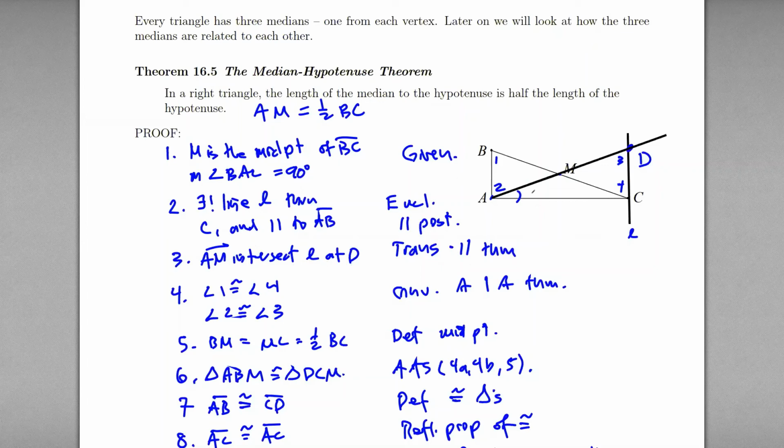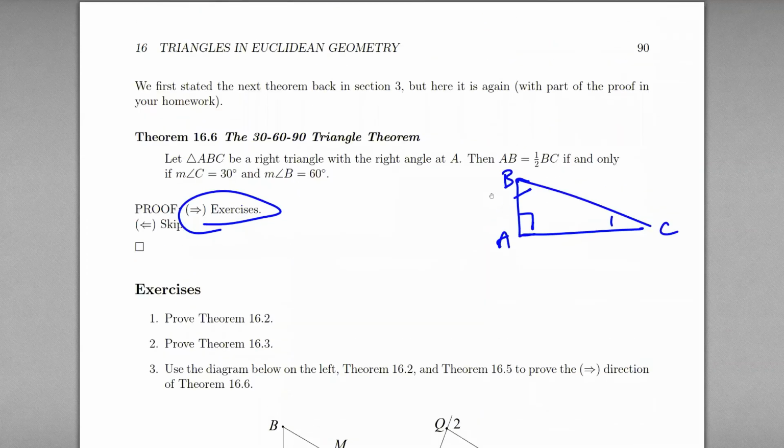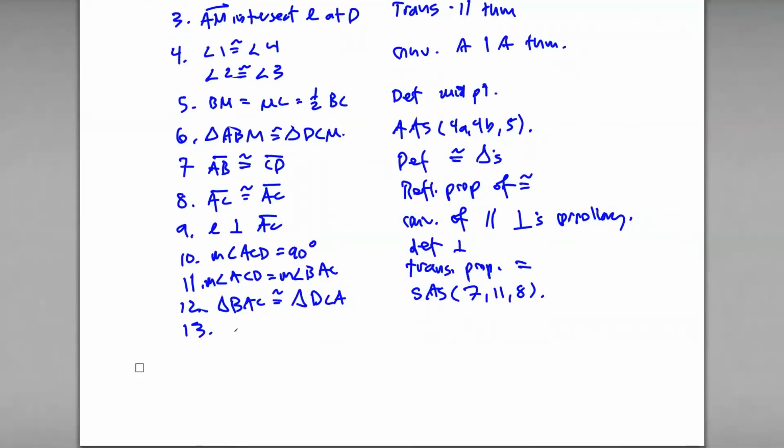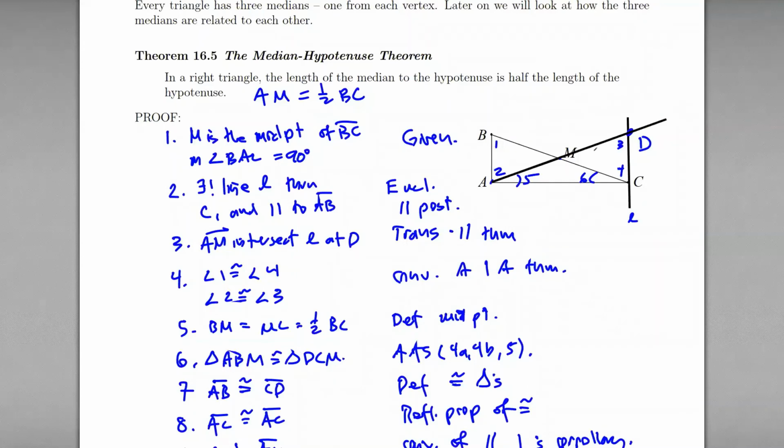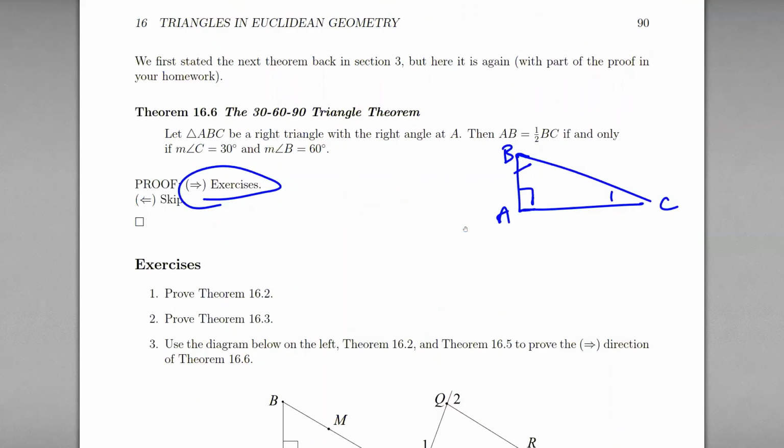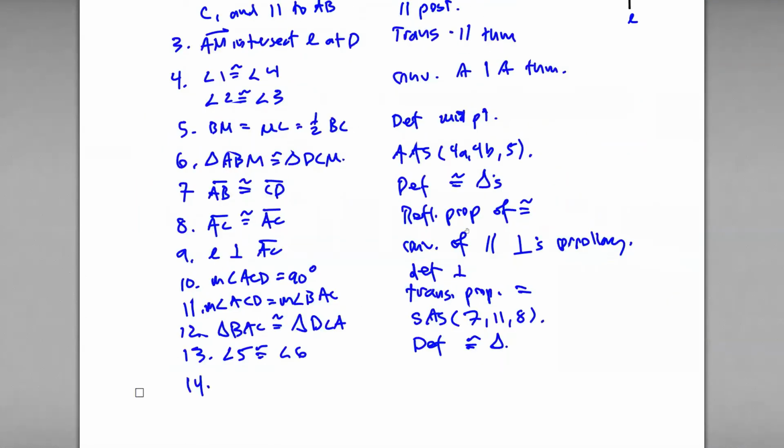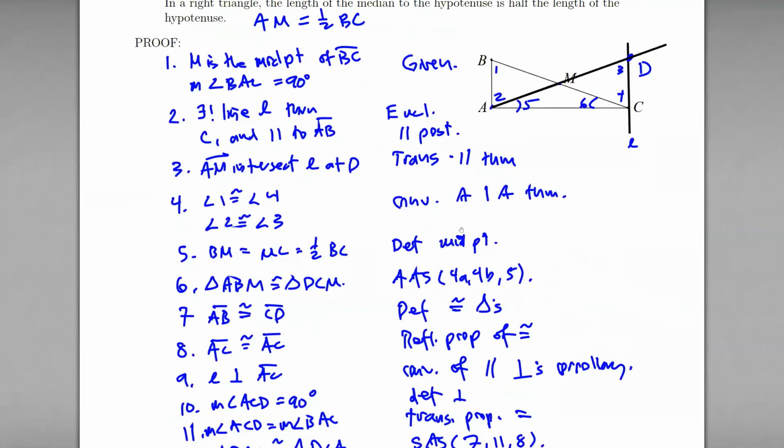It's an isosceles triangle. So we'll call this angle 5 and call this angle 6. I overlooked what we were doing there. I knew the idea, overlooked some details. So angle 5 is congruent to angle 6 as we wanted, which tells us that AM is in fact equal to MC. AM is equal to MC by the isosceles triangle theorem.